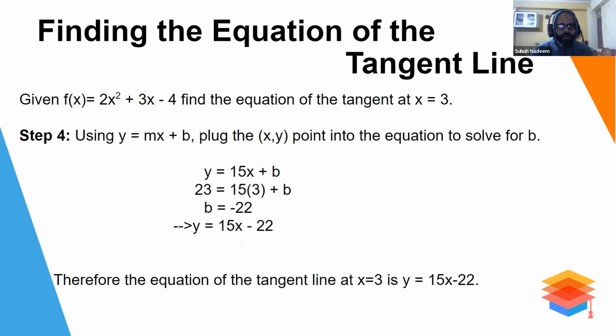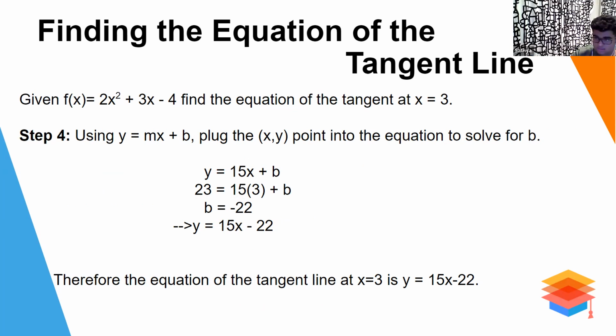We plug in y and x as 23 and 3, which we got in the first step. That is the equation of the tangent, y equals mx plus b. So we put a point on the curve and tangent, x comma y, and we put the slope, and we get b.